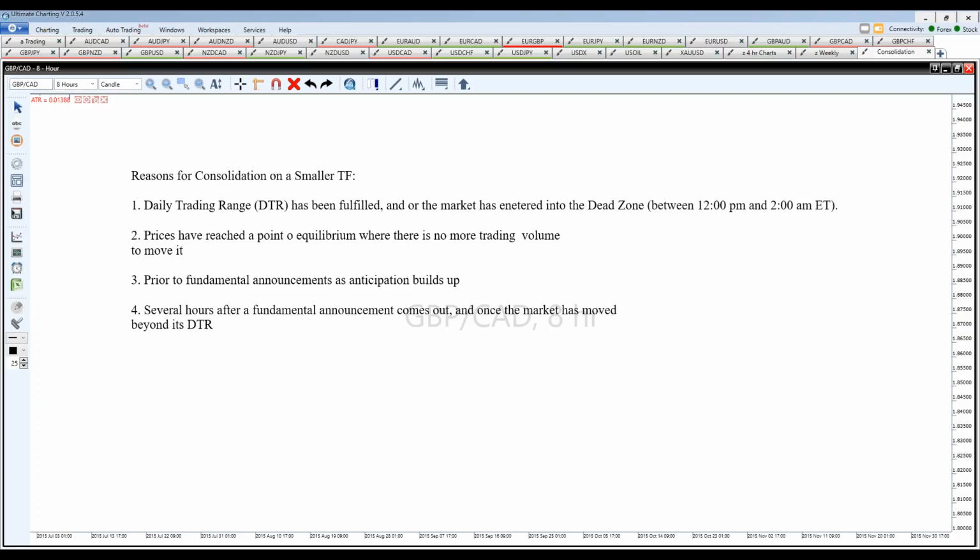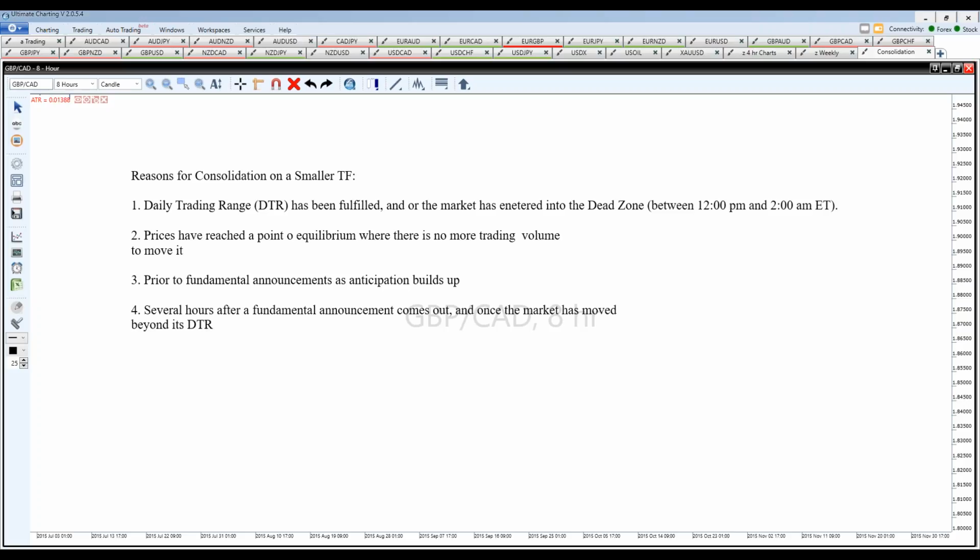Because of that, there being less activity, less orders being placed, also rests movement from the market, allowing it to drop into that small consolidation.